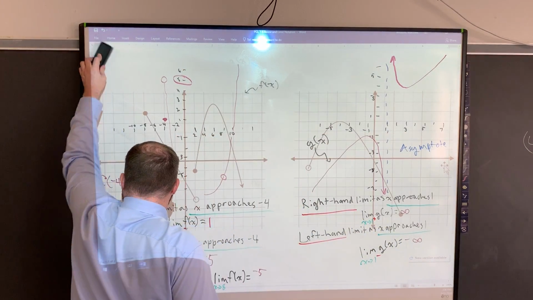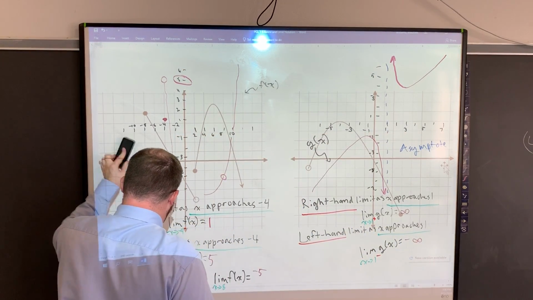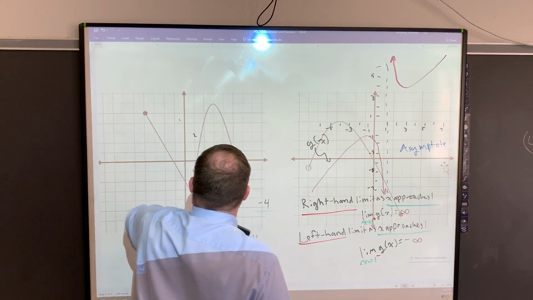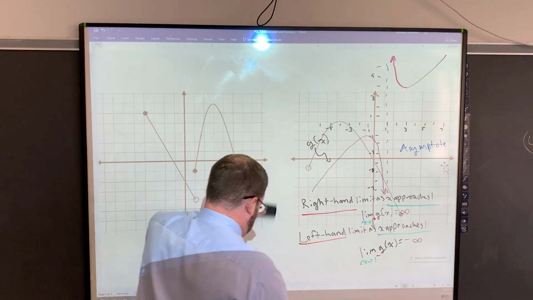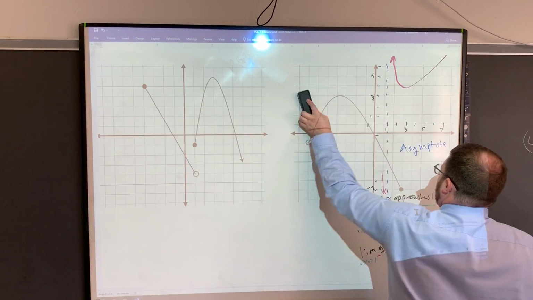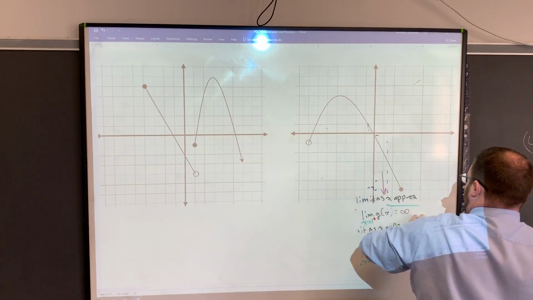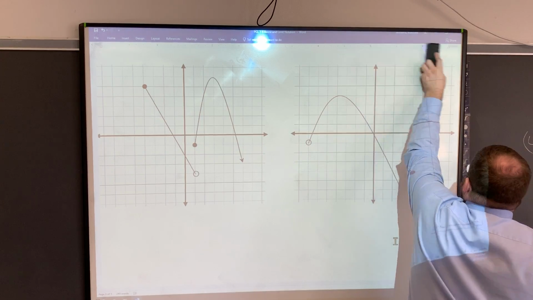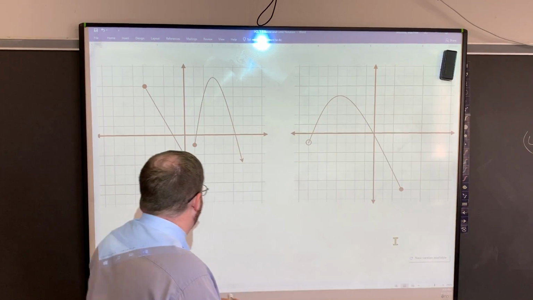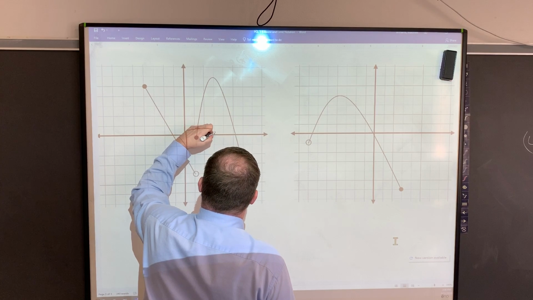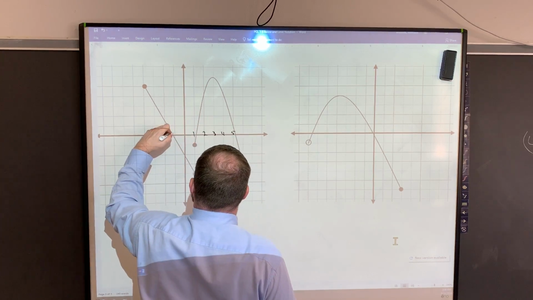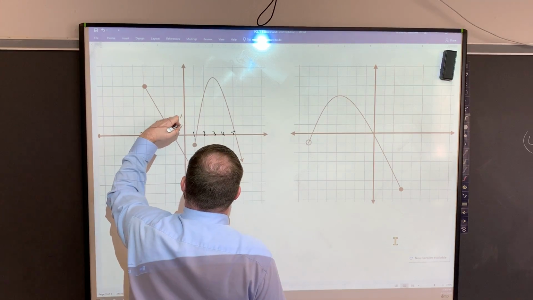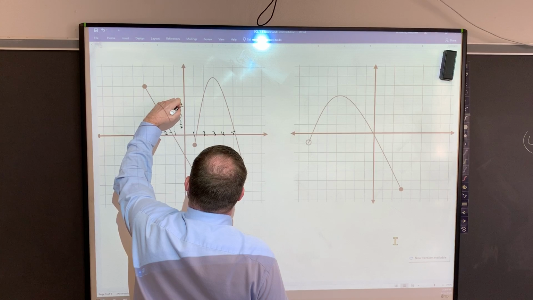One more example. I'm going to label our x-axis as 1s, and our y-axis I'm labeling by 1/2.